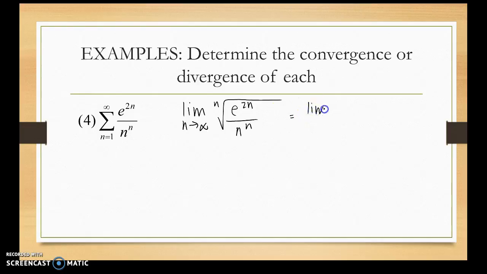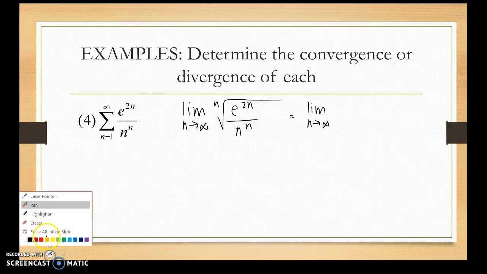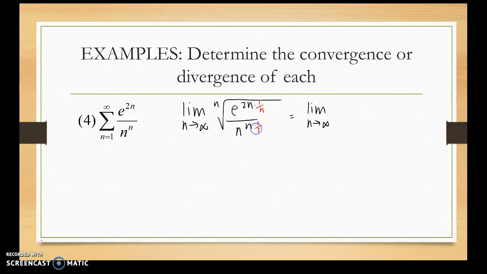So this would be the limit as n approaches infinity. Remember, when we take the nth root, we're multiplying the exponent by 1 over n. So this becomes e squared divided by n. Excuse me. The limit as n approaches infinity is 0. 0 is less than 1. So we would conclude that this series converges absolutely.